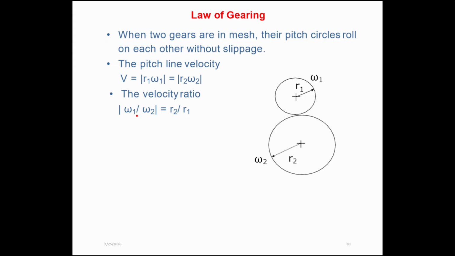So the common equation which we use even in belt drives is like the first equation of belt drives. The reason we have this mark is just to consider the velocity magnitude only, not the direction, right?